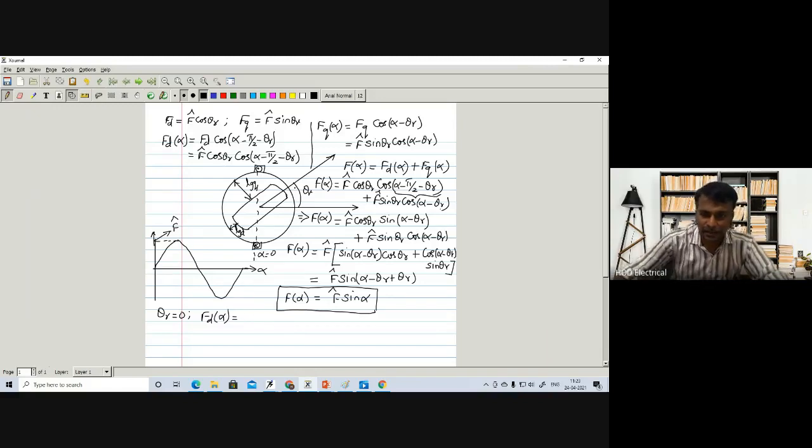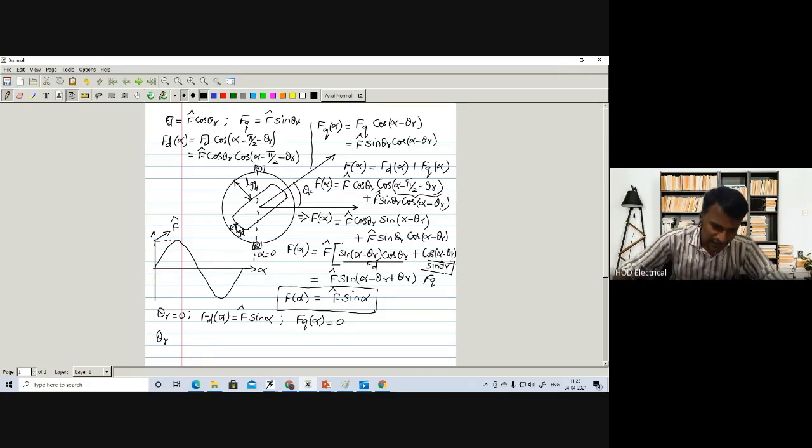Therefore, FD of alpha is F cap into sine alpha, and for FQ of alpha, sine 0 is 0, so FQ of alpha equals 0.